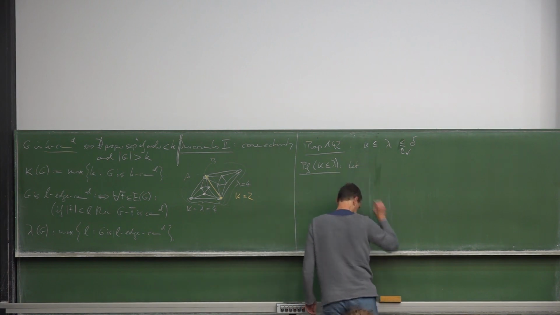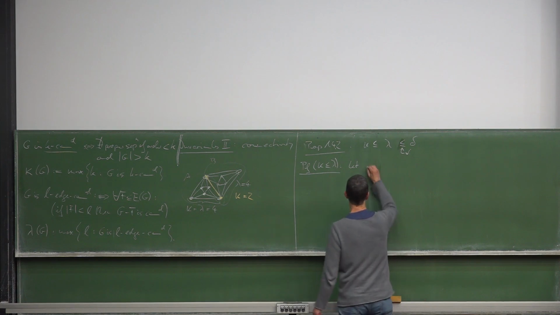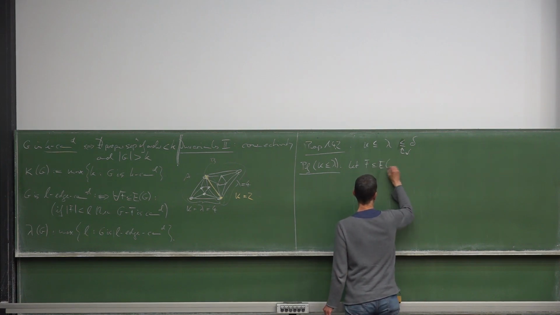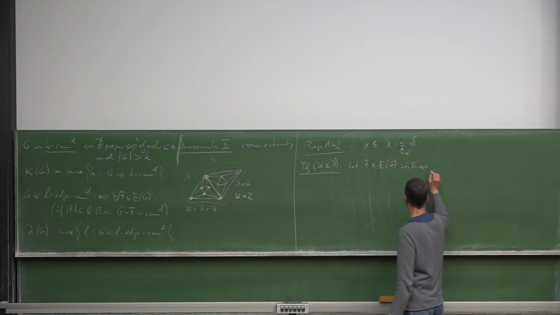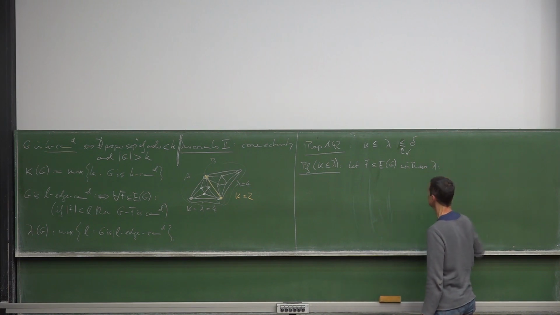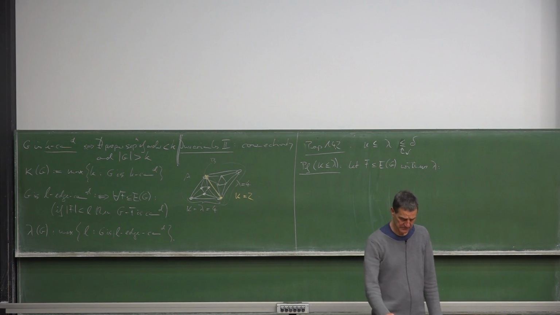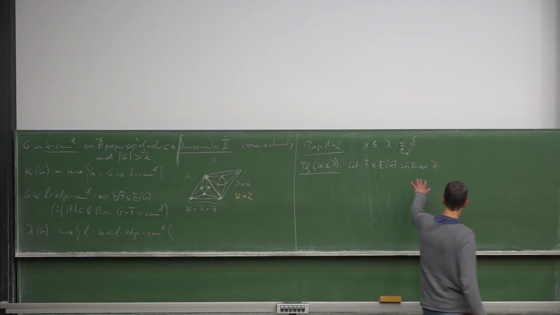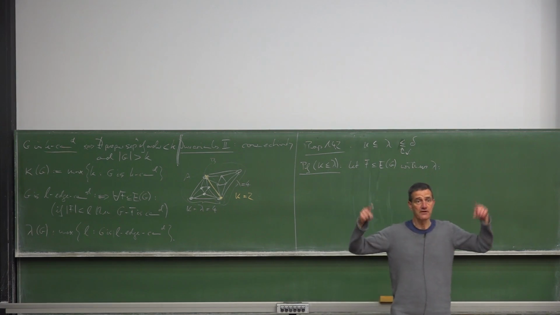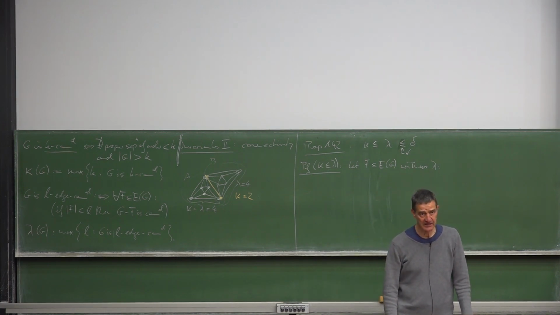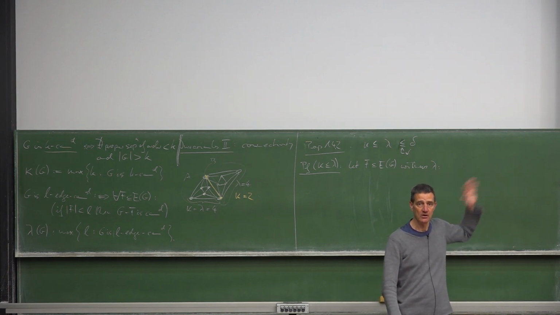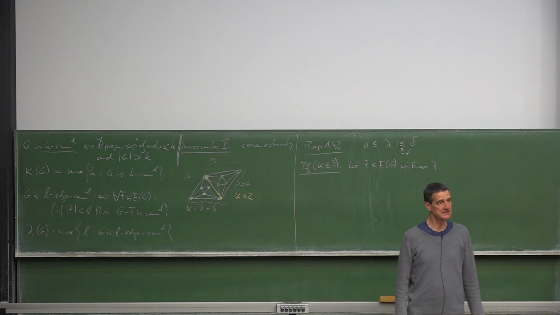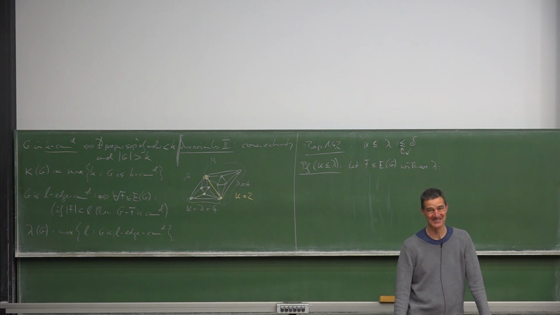So let F be a set of edges that witnesses lambda. So what do I mean? Usually, or often, this word witness, so there is a notion in logic which is a precise mathematical term, witness, and I'm not using it officially in this technical sense, but informally I am.